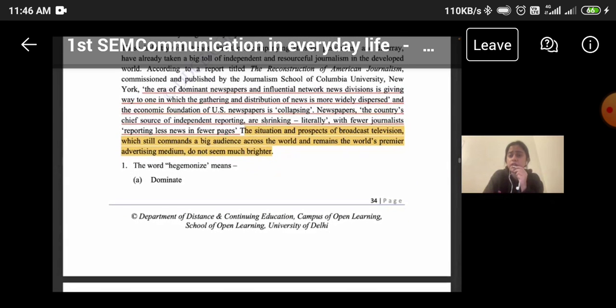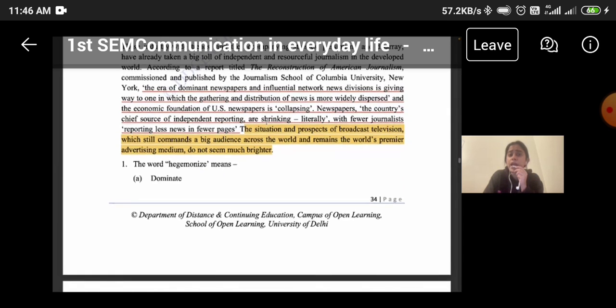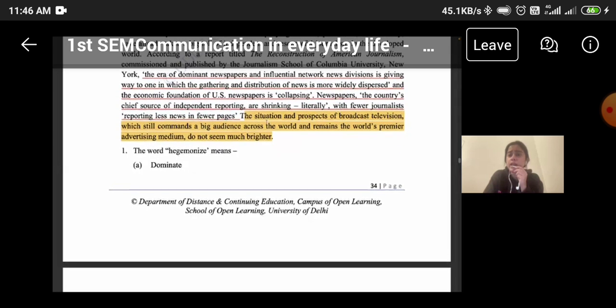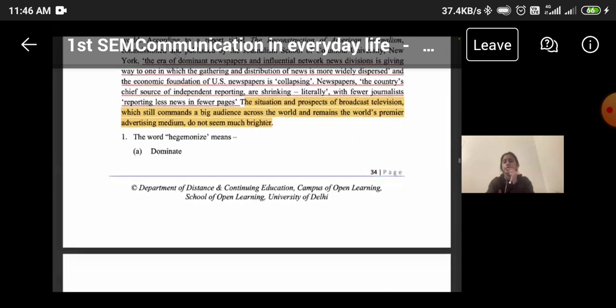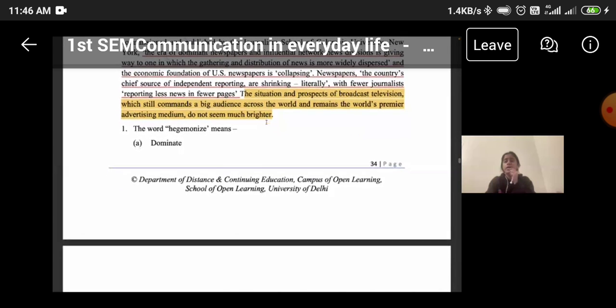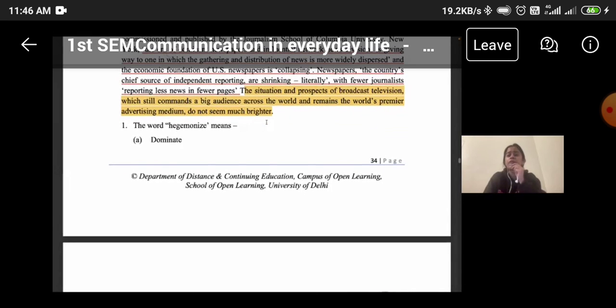According to the report titled The Reconstruction of American Journalism, commissioned and published by the Journalism School of Columbia University, New York, the era of dominant newspapers and influential network news divisions is giving way to one in which the gathering and distribution of news is more widely dispersed, and the economic foundation of US newspapers is collapsing. Newspapers, the country's chief source of independent reporting, are shrinking literally, with fewer journalists reporting less news in fewer pages.